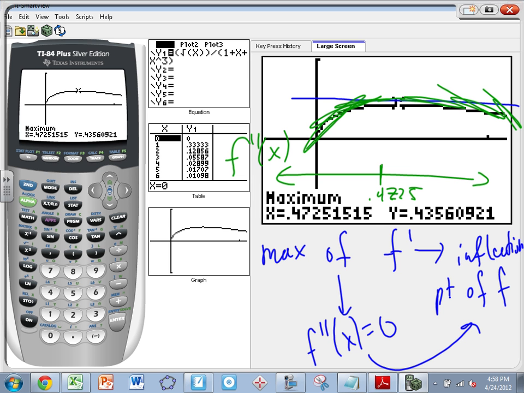So this is going to be increasing in the second derivative, and this is going to be decreasing for the second derivative. That's what my second derivative number line would look like. And what did we say? Inflection points occur when the second derivative equals 0 and there's a change in sign. This is the change in sign. The derivative of the derivative, again.